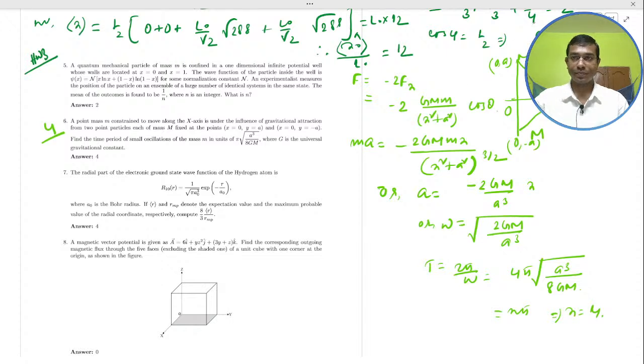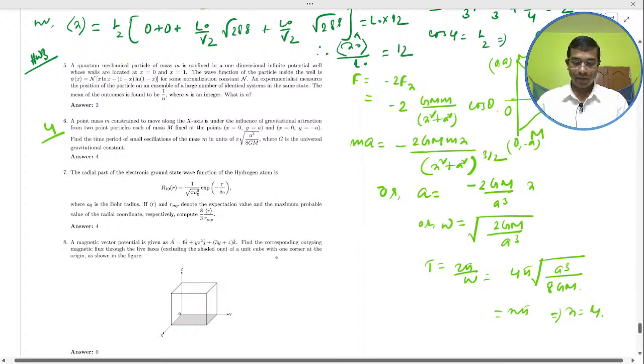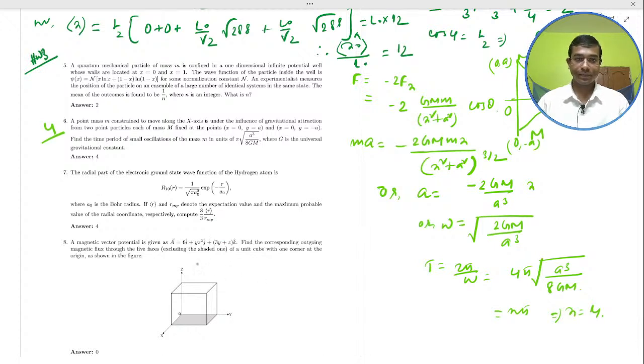Now let us check R expectation. This is a useful formula, very important. The R expectation is half times 3n square minus L into L plus 1, into A naught. This is the R expectation general formula.